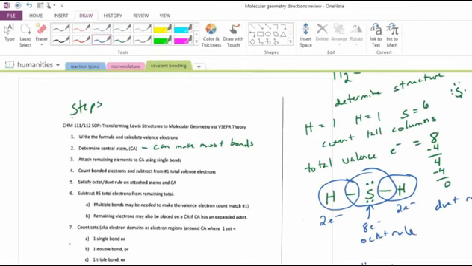Okay. So, number 6, we subtracted from the total and we're out of electrons, so we don't have to do anything else. So, count sets of electrons. 1, 2, 3, 4 sets of electrons.